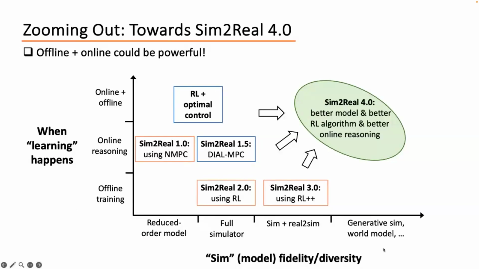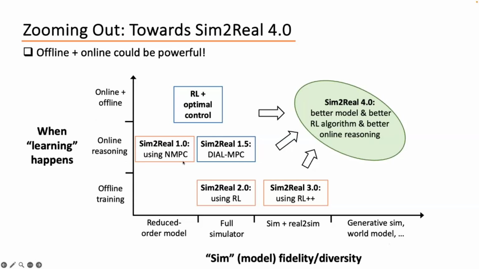And finally, generative simulators, world models, etc., which hasn't happened, but I believe is the future. The y-axis is when learning happens. Learning can happen purely offline, like what we did in Sim2Real RL 2.0, or online, like MPC, or in a hybrid way, or iteratively.